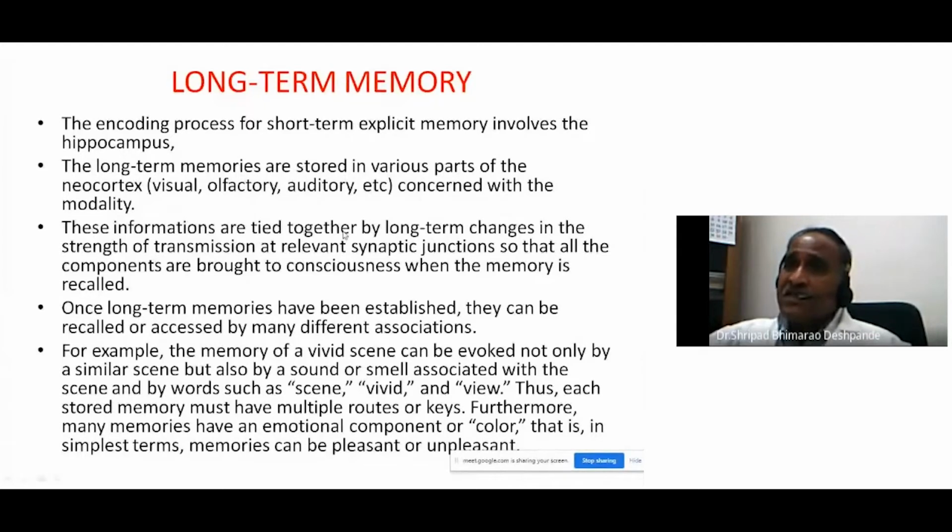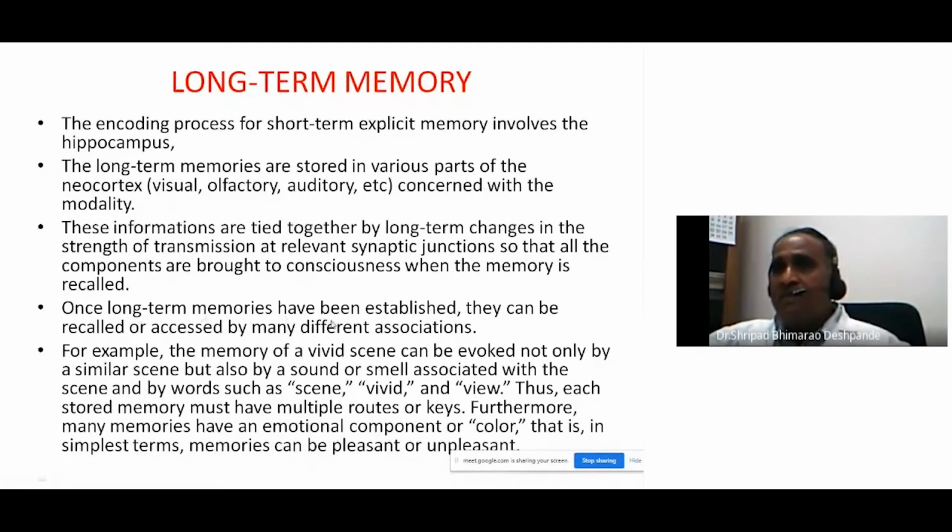This information is tied together for long-term changes in the strength of transmission. The transmission, in the sense, the synaptic transmission. So now, for all these things, you need to have consciousness when the memory is recalled. That means you have to be attentive, and that attentiveness stores them as well as brings them back.